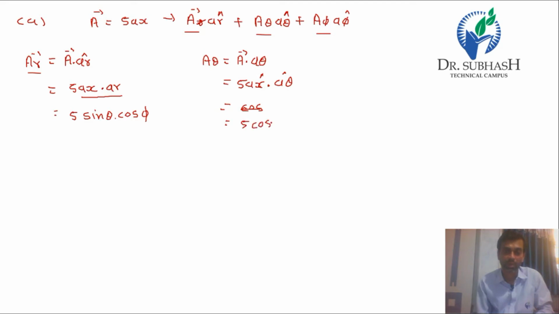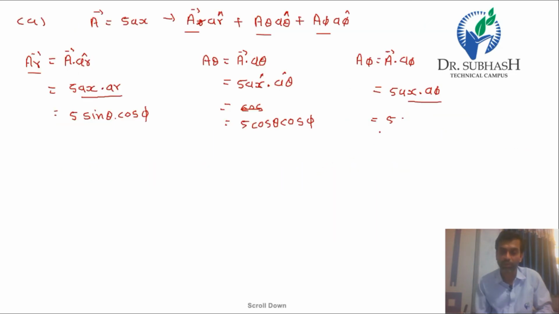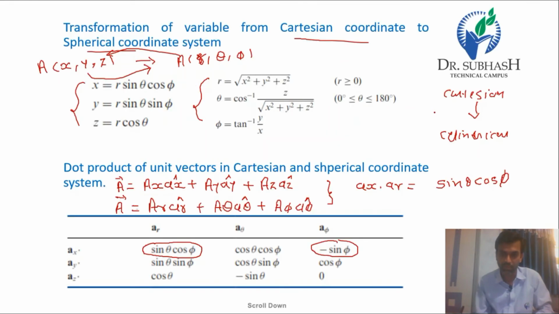For the A phi component, again A vector dot A phi, and that value is phi Ax dot A phi, and the value of Ax dot A phi we again find from the transformation table, and it is minus sin phi. So let's put the value minus sin phi.